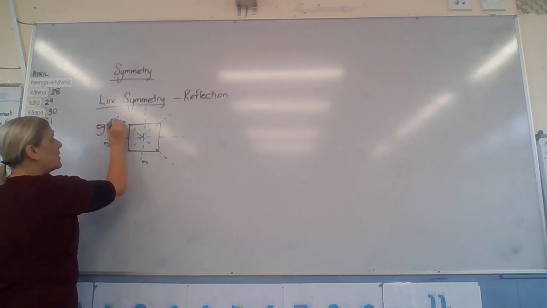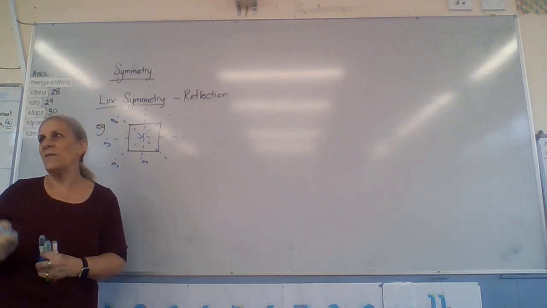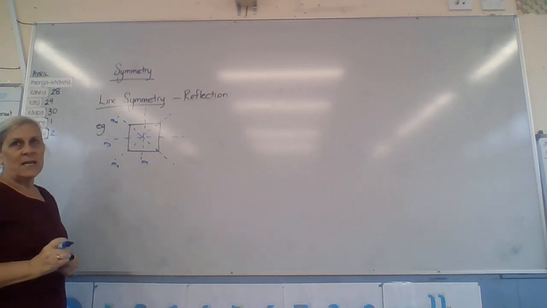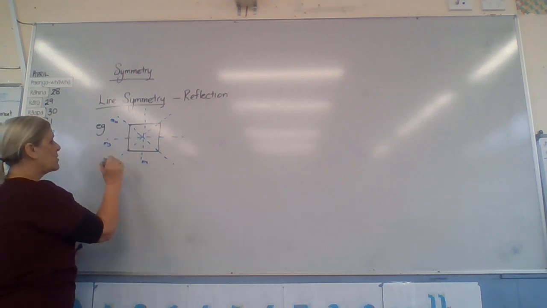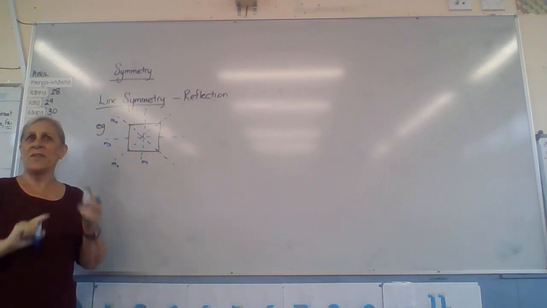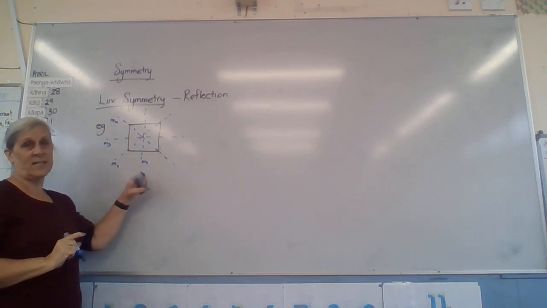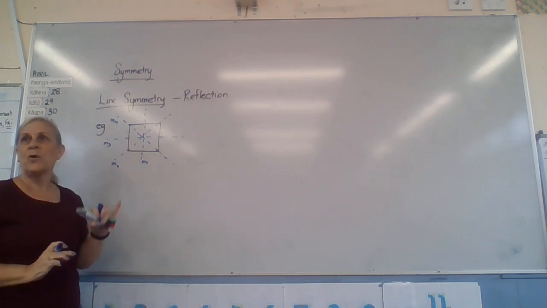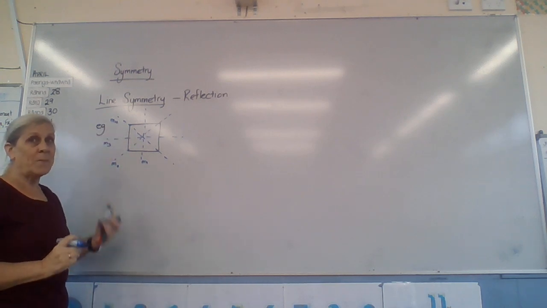Right, so the worst mistake when finding out what the order of line symmetry is, is that we count around and we go 1, 2, 3, 4, 5, 6, 7, 8. Of course, what that actually is, we've counted the lines twice. So by writing M1, M2, M3, M4 on it, I know there are 4 mirror lines.